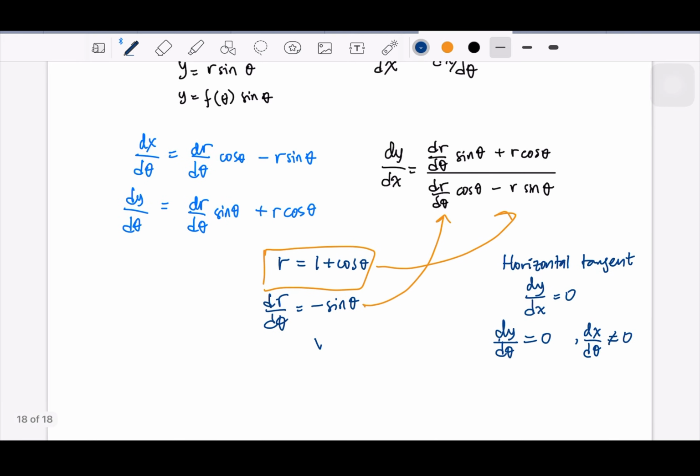We can also get the vertical tangent. That is when dx over d theta is 0 and dy over d theta is not equal to 0. So by evaluating dx over d theta and dy over d theta, we get our equations.